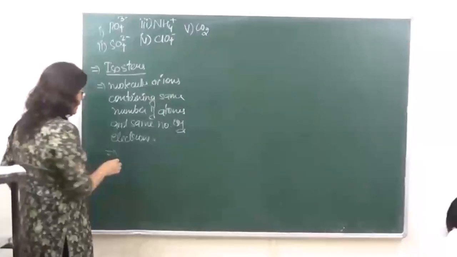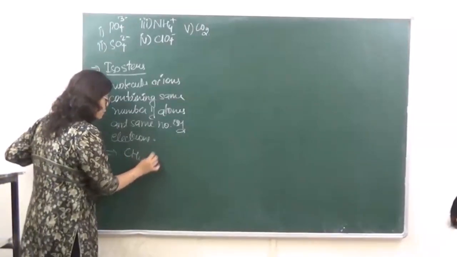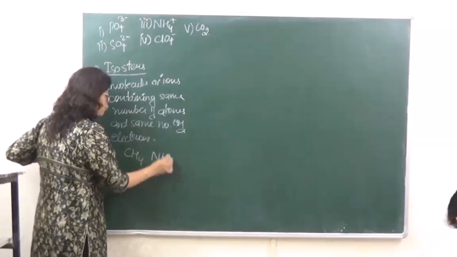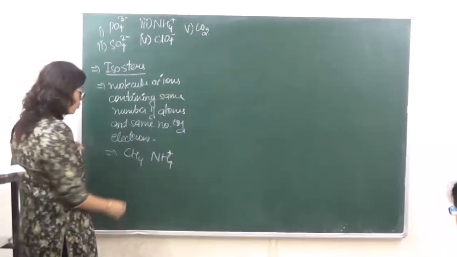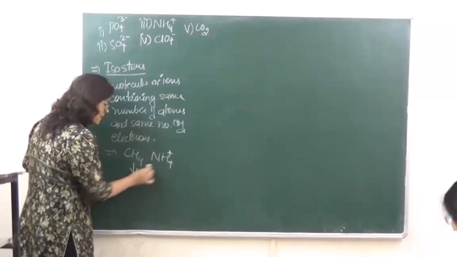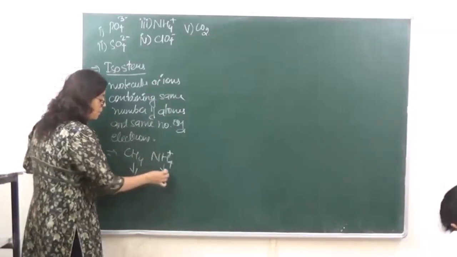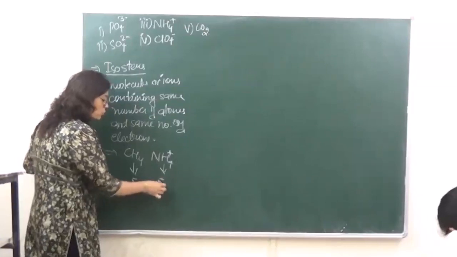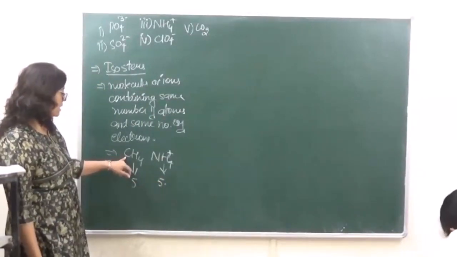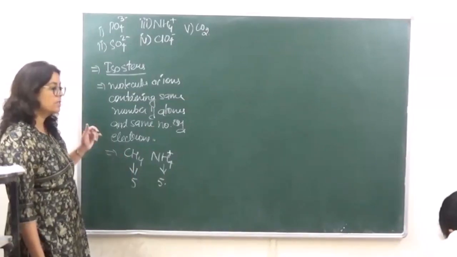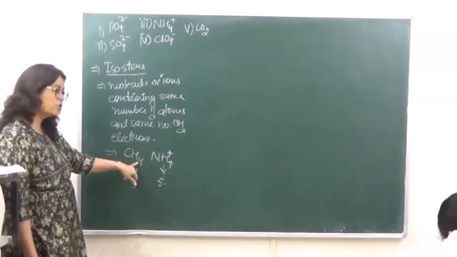So let's take examples. If you're looking at CH4 and NH4 positive, the number of atoms in CH4 is 5. The number of atoms in NH4 is also 5. Right? So let's calculate the number of electrons. Carbon has how many electrons? 6. 6 and 4, 10 electrons over here.